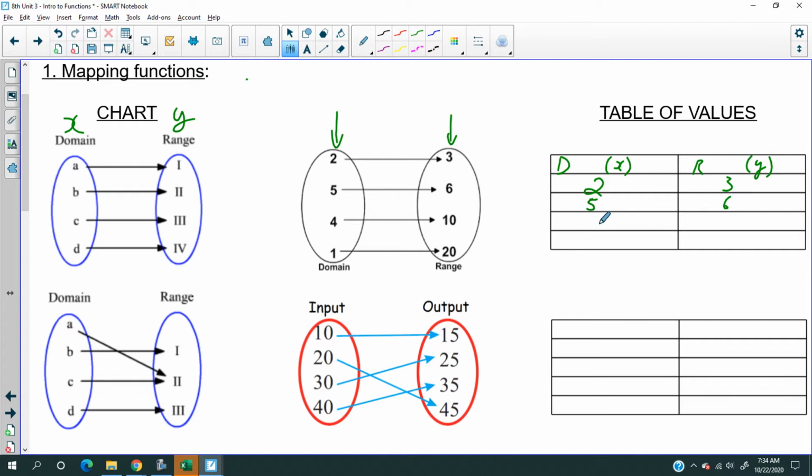If I put in 4, I get 10. And if I put in 1, I get 20. So far so good, because each time I put a number into this machine, I get a unique result. That's what these arrows are saying. I get a very unique result. So this is a function.